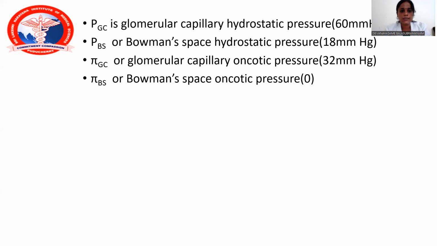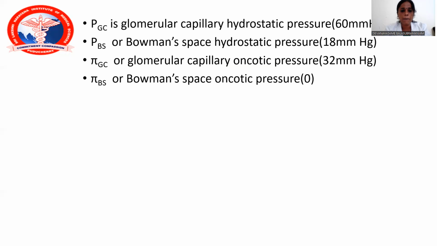Next is the net filtration pressure, PGC minus PBS minus pi GC minus pi BS. PGC is the glomerular capillary hydrostatic pressure. Its value is around 60 millimeters of mercury. PBS, the Bowman space hydrostatic pressure, is around 18 millimeters of mercury.